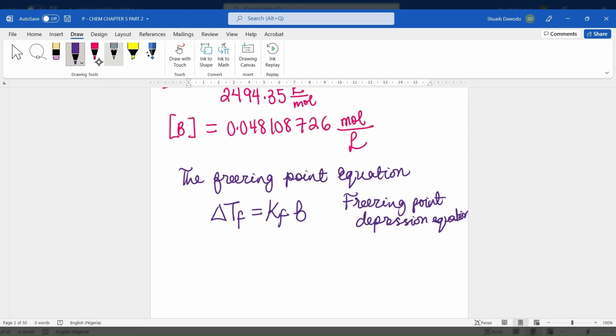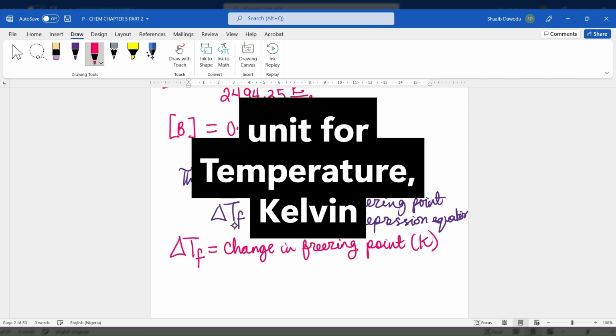It can be known as that as well. So ΔT_F is simply going to be the change in freezing point, which is just simply Kelvin. So ΔT_F is the change in freezing point.